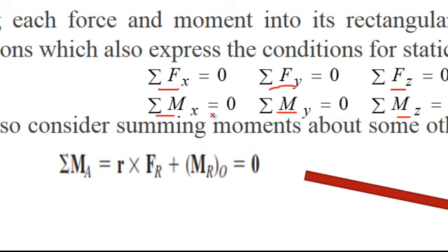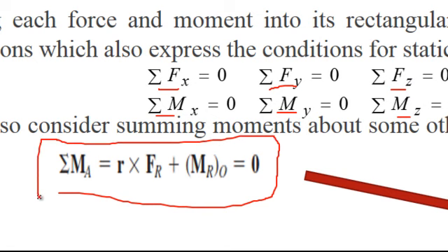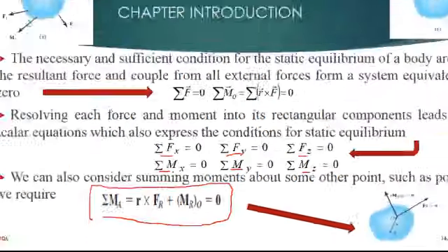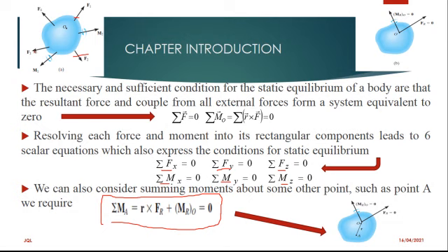You can remember this equation from lecture A4, where we can change a rigid body with a number of forces such as F1, F2, F3, F4 into one rigid body, which is going to have the resultant force and the resultant moment.